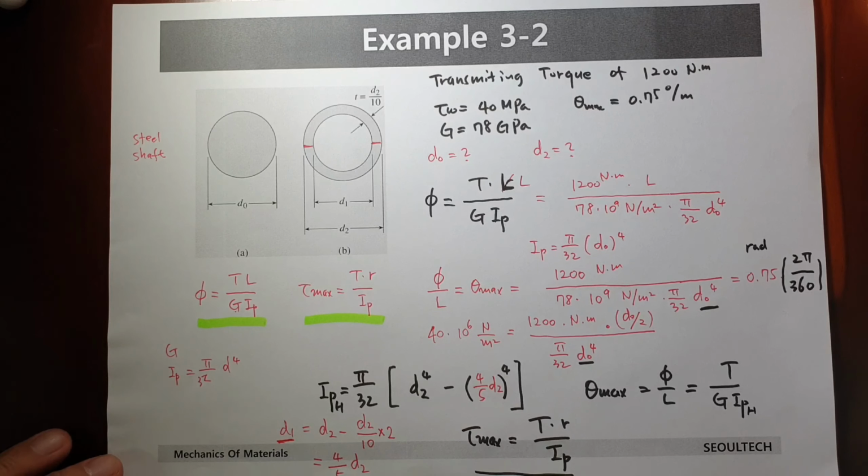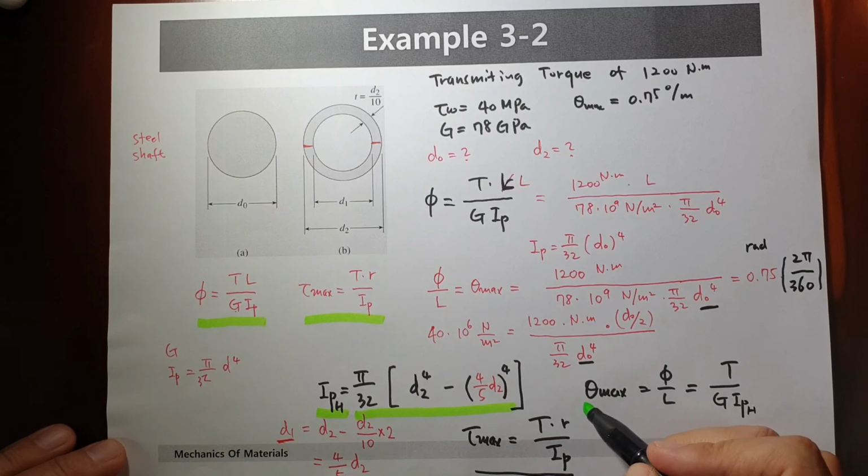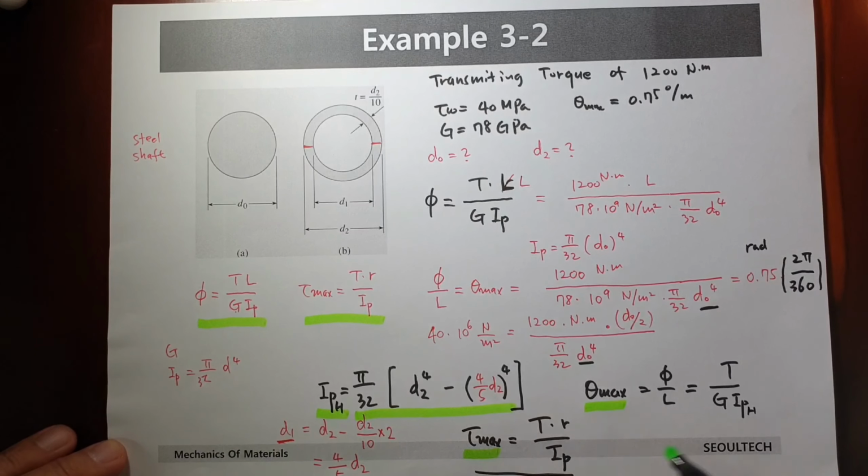In the case of a hollow shaft, to find polar moment of inertia is like this one, which was given like this. Then if you know polar moment of inertia, finally you can apply the same condition. This one and this one are given, then you can find the value as well.